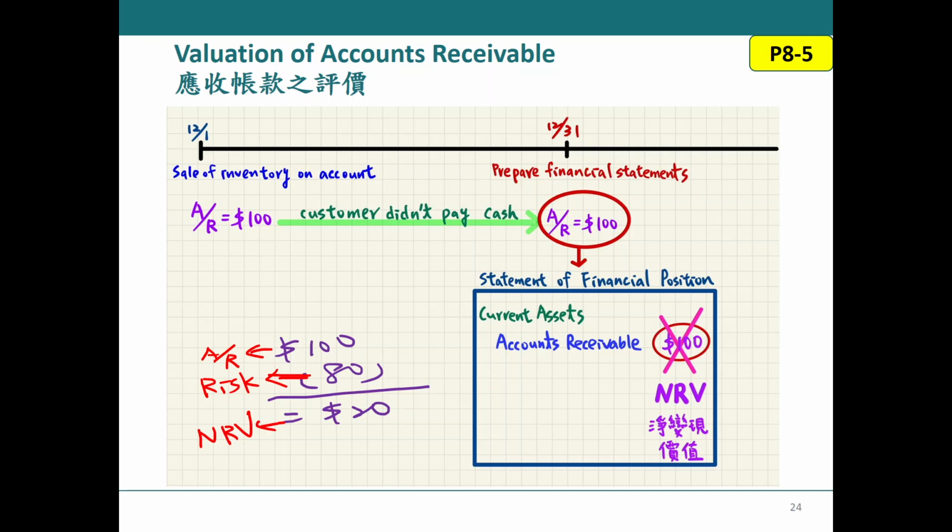Okay, so based on this, how much money we will put right here? 20. Okay, so we will say, okay, accounts receivable, we expect only $20. Expect to get back in the future. Okay?